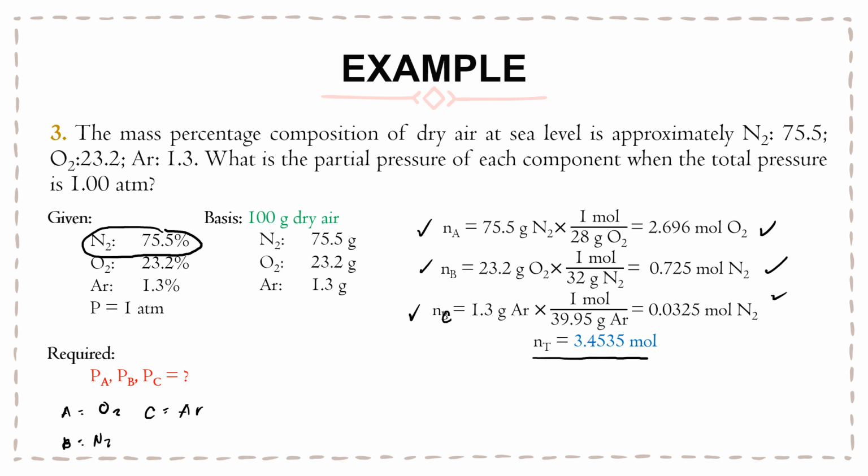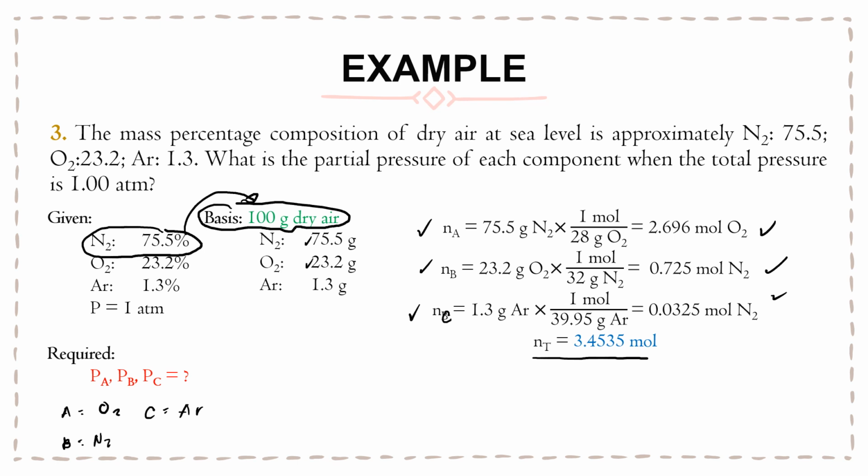So, we have a basis for calculation since that is percentage kasi wala siyang unit. Okay, so this is just equal to sa buong 100 grams ng dry air, meron tayong 75.5% na nitrogen. So if we multiply that here, we get 75.5 grams. Multiply 23.2% to 100, ito din naman.